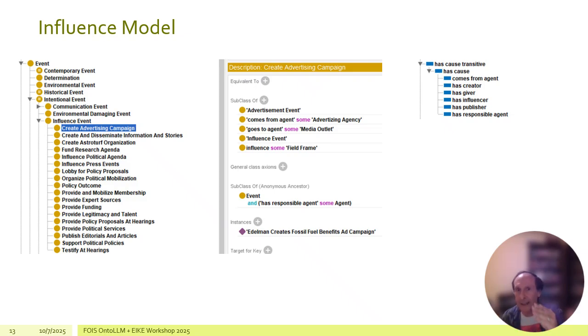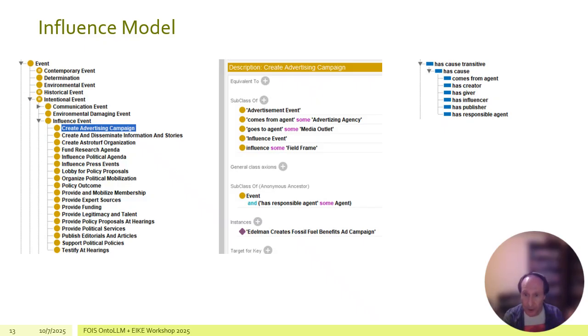So the different kinds of influence that come from an agent, like someone who creates a document, someone who gives money to a think tank, someone who publishes a document, things like that. All of those are subproperties of a super property called has cause.